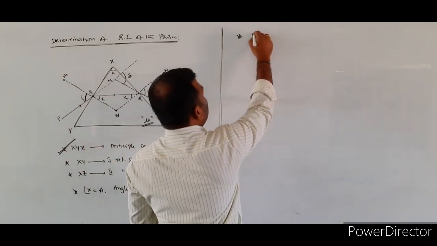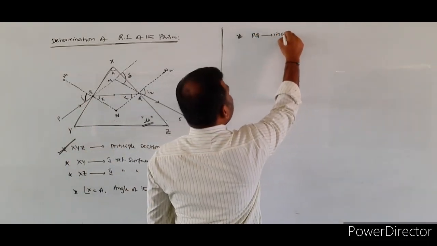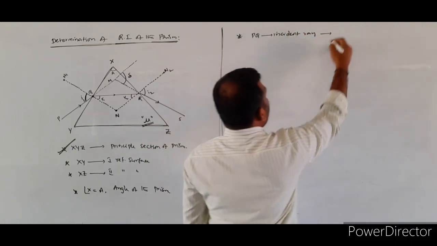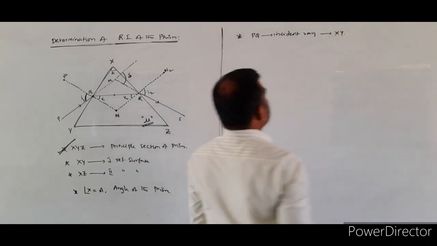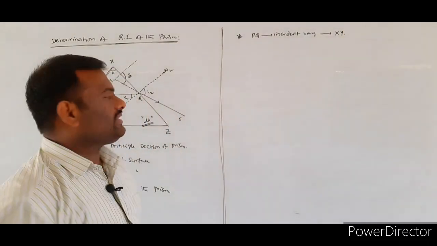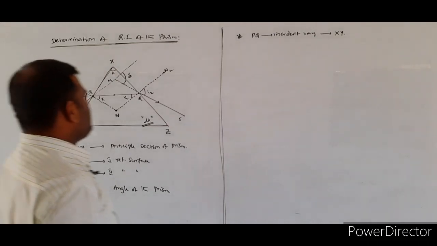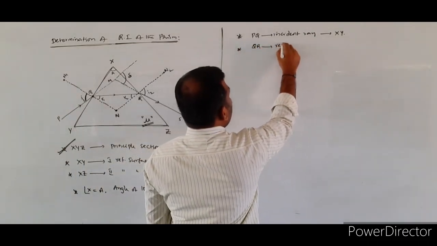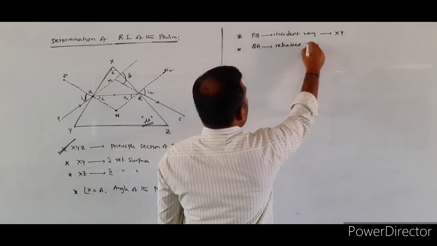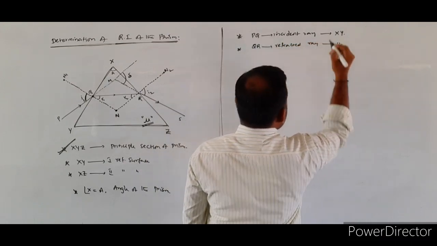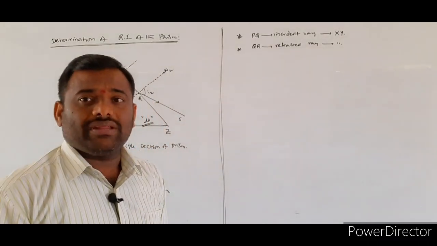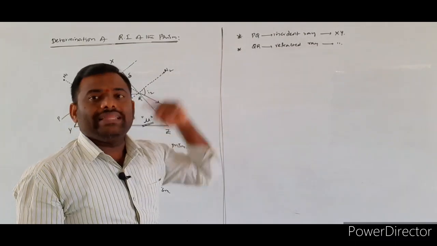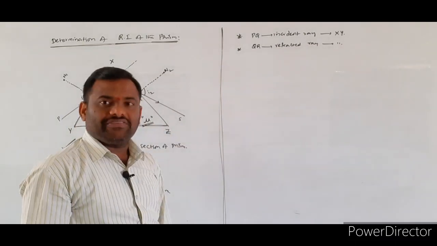PQ is the incident light ray for the surface XY, and QR is the refracted ray for the same refracting surface XY.